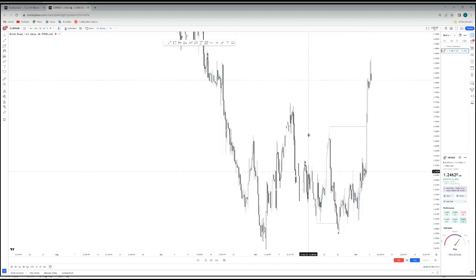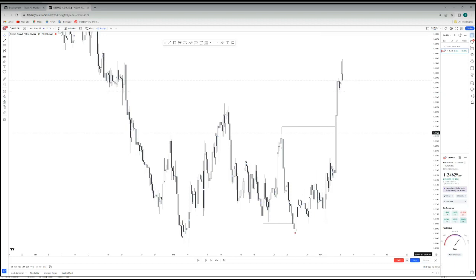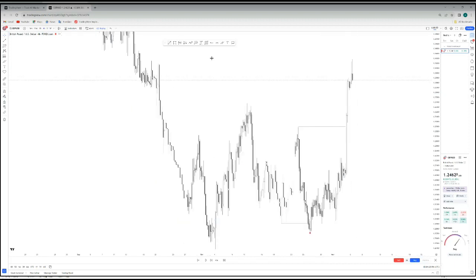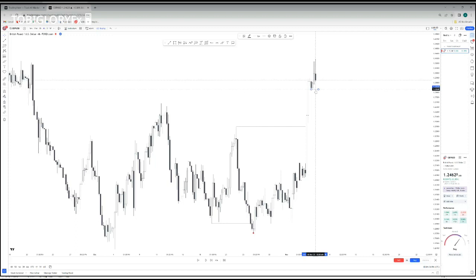There's a reason for that. I can't call this my swing high until I see price rally out of this low, until price takes out this low.